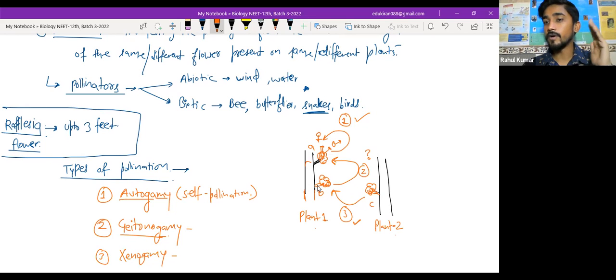So to study naturally, this could be said to be self-pollination with respect to the plant, because the genes are the same, whether it is one flower or the other. Every part of the plant came from one single zygote, which was present in that seed in the form of an embryo, from which the plant grew.